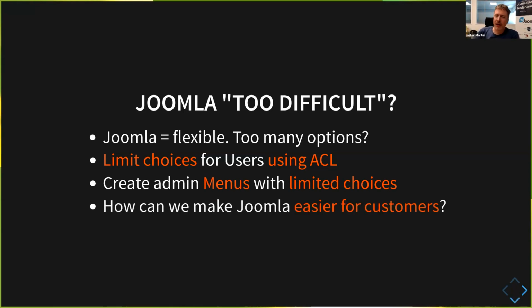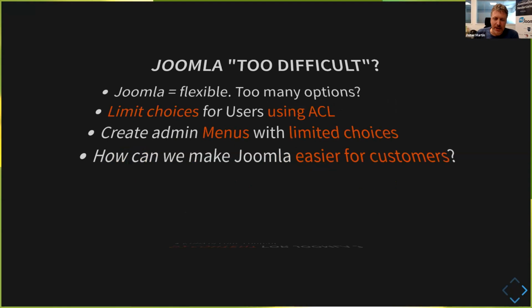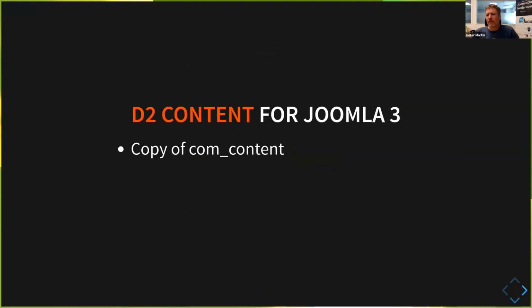And finally, how can you make Joomla easier for your customers? Well, there are a couple of ways. What we did first, we thought about creating an extension, and we copied com_content of Joomla 3 and created com_d2content, which was an extension for Joomla 3 to create profiles.